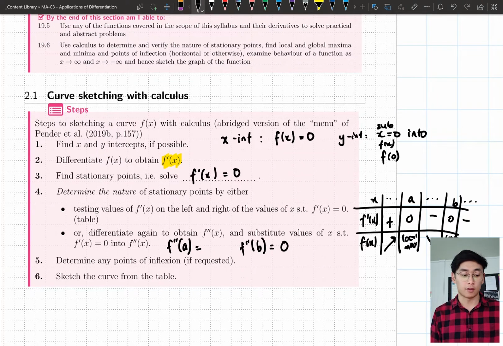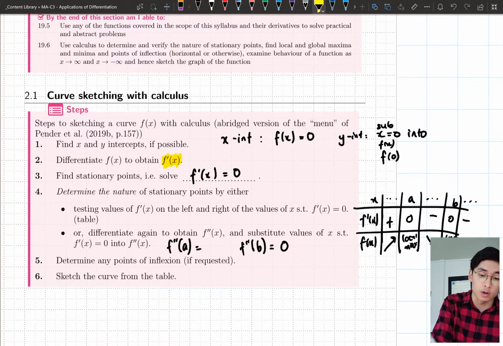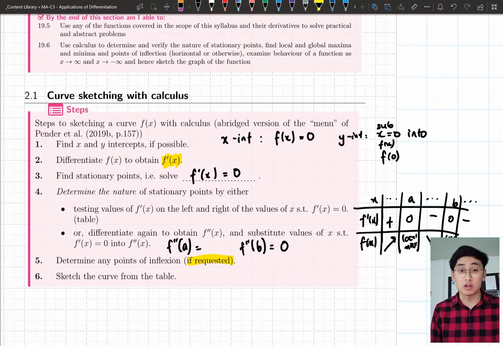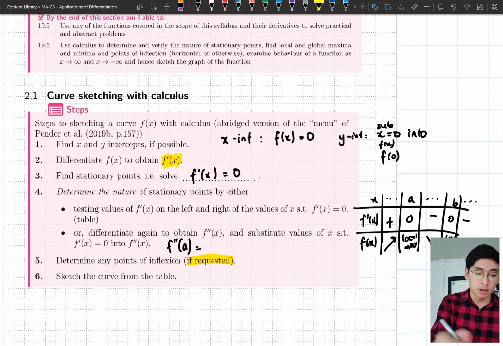Okay, that's the fourth step. Fifth step, we want to determine any points of inflection if requested. So this is only if requested. If the question doesn't ask you to find any points of inflection, you don't need to worry about this too much. The way that you do this is you find the second derivative, and we're solving for 0.